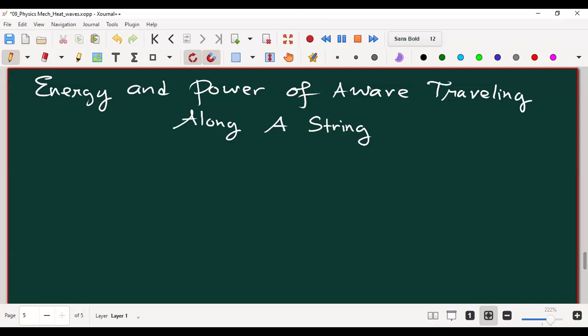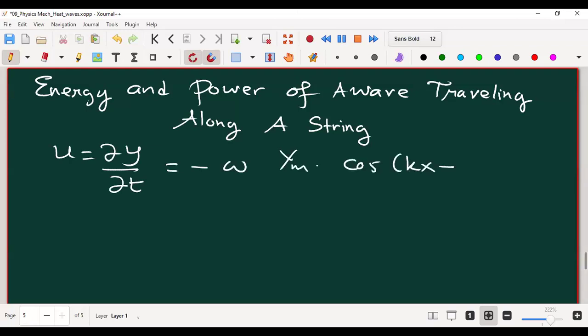Okay, so remember that velocity u is ∂y/∂t, right? This one we have derived before: u = −ω ym cos(kx − ωt). Okay, this one is the velocity. And then mu is Δm divided by Δx.